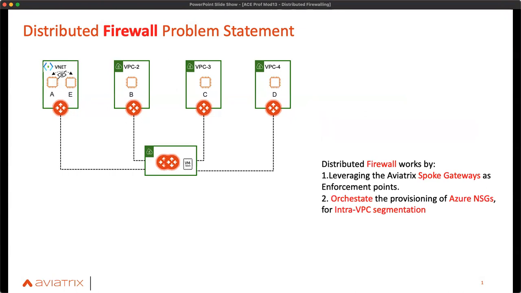So how does it work? Now that we've explained the problem, it works in two ways, basically. Number one is we leverage all of these gateways as firewalls because they all have firewalling capabilities.